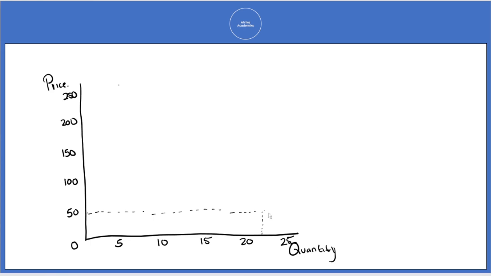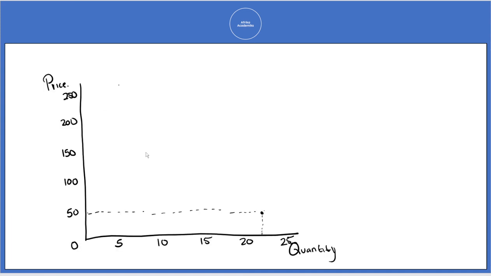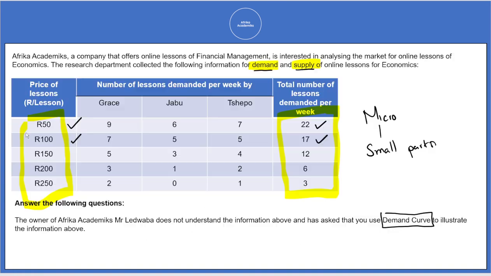So we'll have a dot, and then we'll go to 100 rands. If lessons are costing 100 rands, we'll only have 17 demanded. So you'll have a dotted line over here, and then over here you'll have the 17. And then 150 is going to be 12.